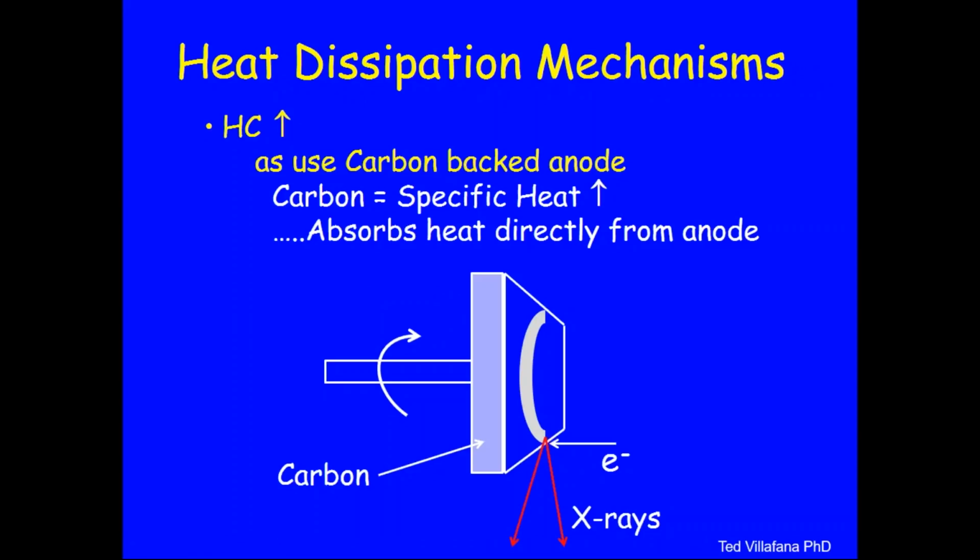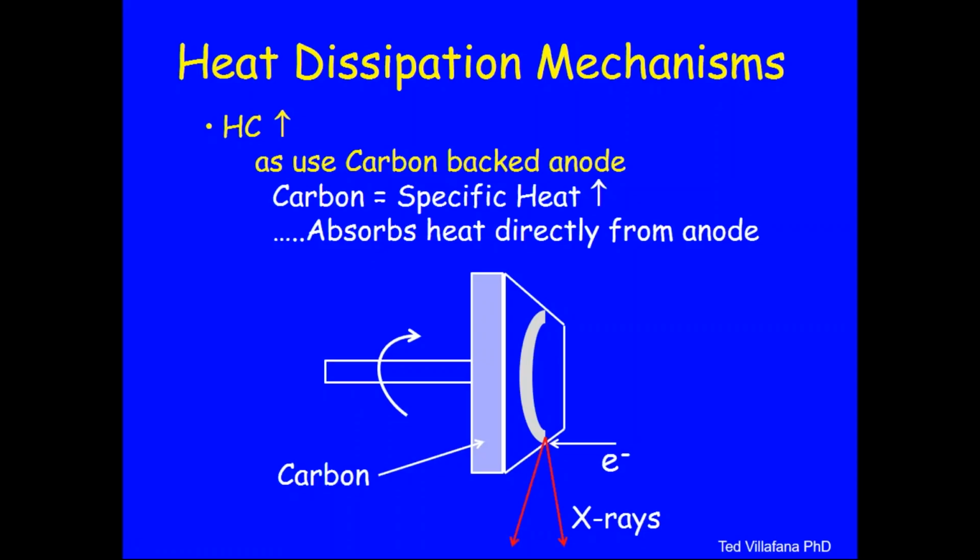This is, I think, where we left off last time, where we indicated another heat capacity mechanism: add carbon to your anode. What does the carbon do? Like the oil bath that we mentioned earlier, the carbon has a very high specific heat, meaning that it can get energy transferred to it from the anode disk, but that serves like a heat sink.